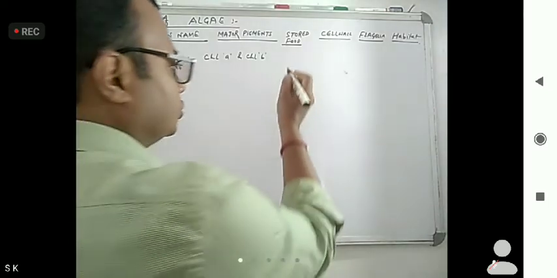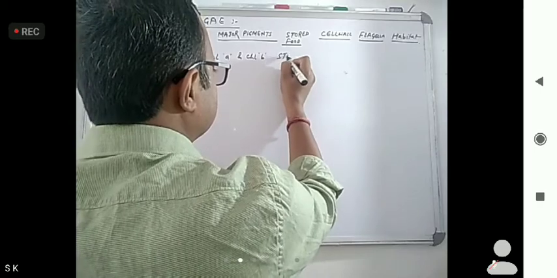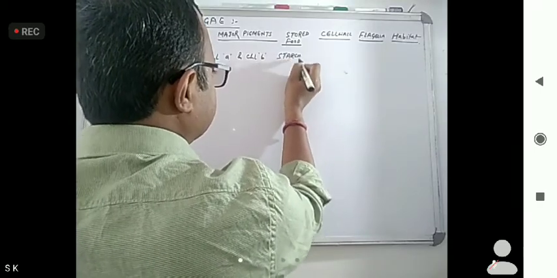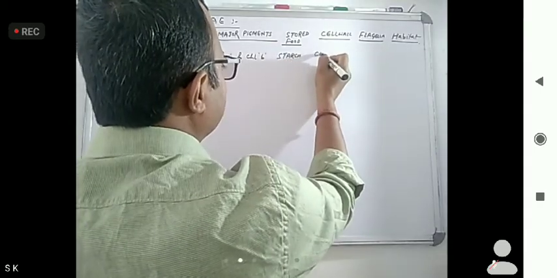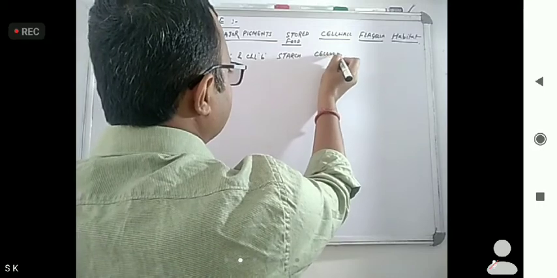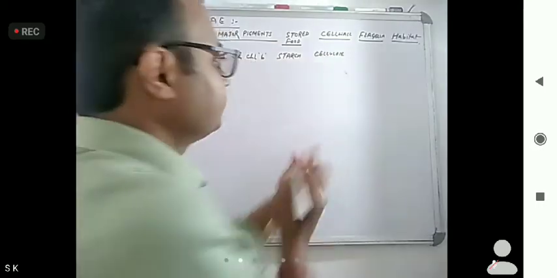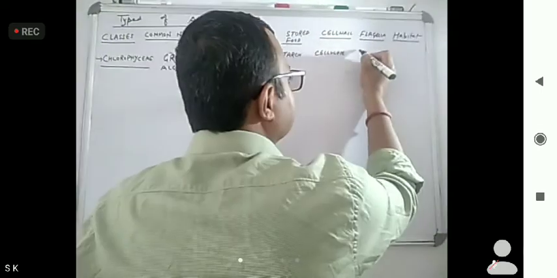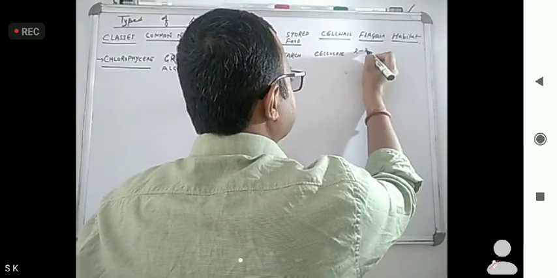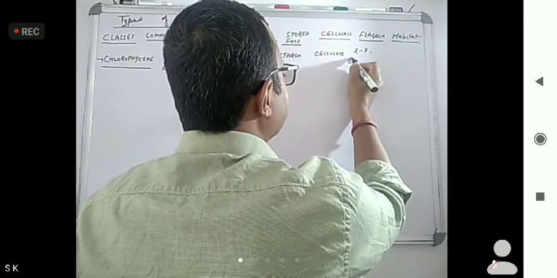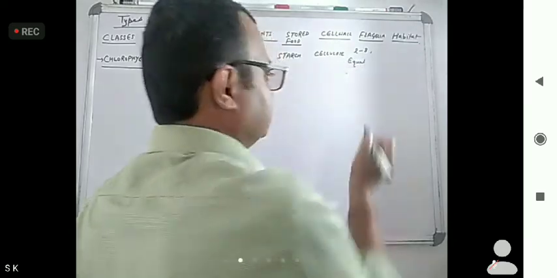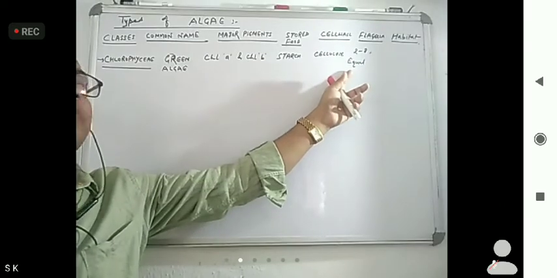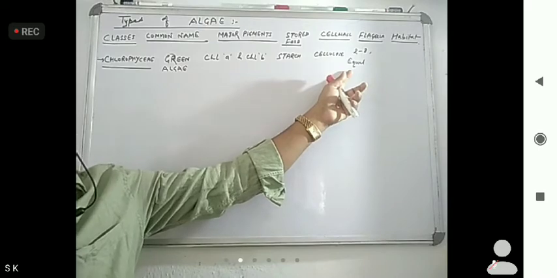Okay, the stored food is what? Starch. Mostly cell wall made up of what? Cellulose. Okay. Now they contain flagella, and that is what? 2 to 8, and all flagella are equal.